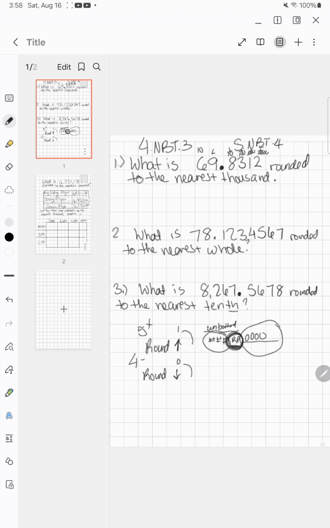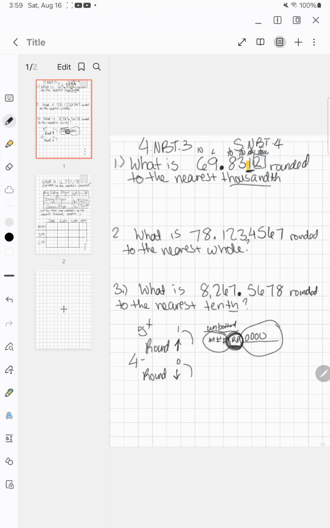I always tell my students, write that exact number and tack on those place values on top so that way you're not lost. If I said round to the nearest 1,000, I'm only using the number in my thousandths place. So I got tenths, hundredths, thousandths. That means my 1 is what I'm changing, and I'm going to use my 2 to see if I round up or down.